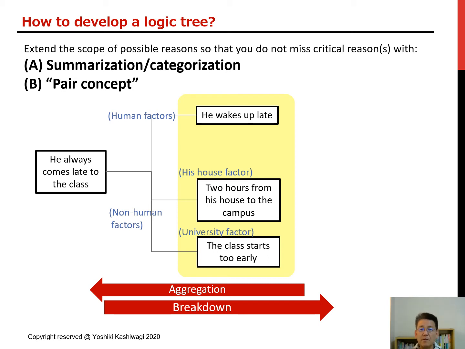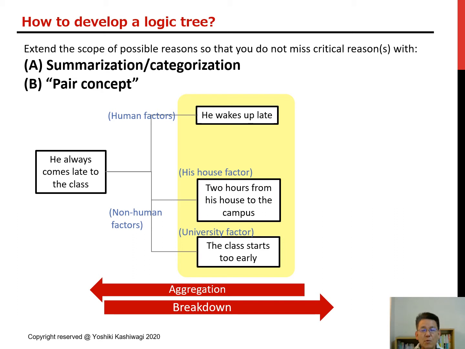So again, you can apply the pair concept here. The distance of 2 hours is his house factor. And the class starts too early, that's university factors. And then you can ask, is there any other reasons under the his house factors category or concept? Is there any other reasons under university factor category or concept?